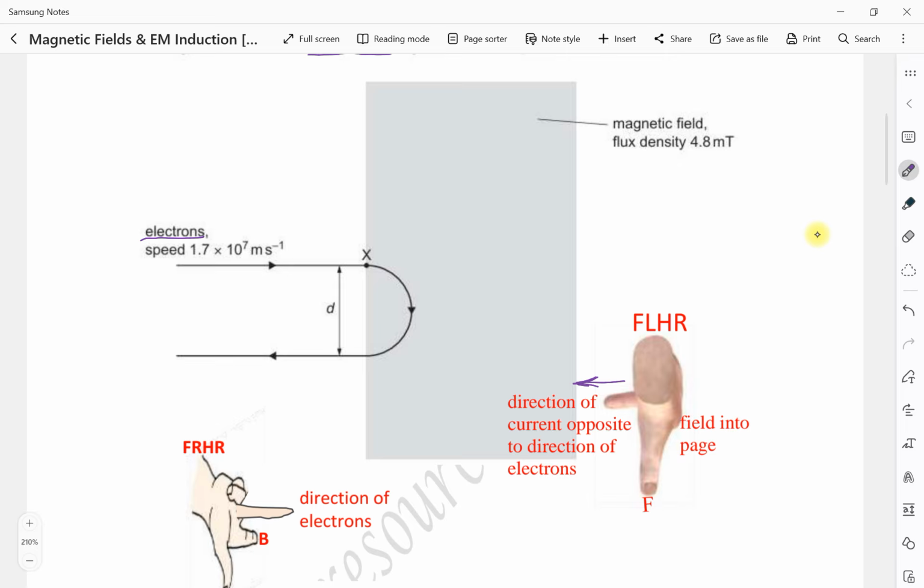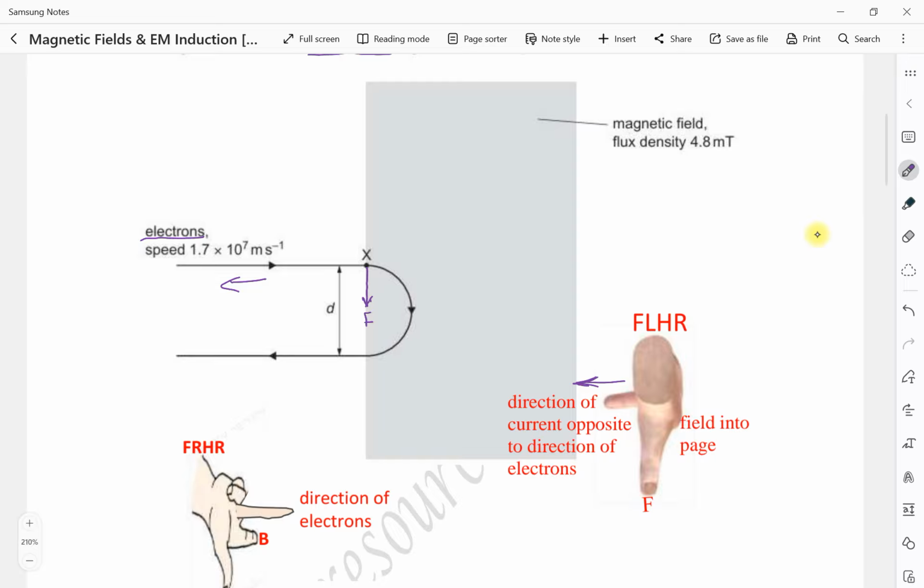So putting the second finger towards the left, as shown in the diagram here, and we know that because this is an arc, the magnetic field is causing the magnetic force to act as centripetal force. So the force is acting towards the center. The center of the arc is in this direction here, so the thumb is going to point downwards.